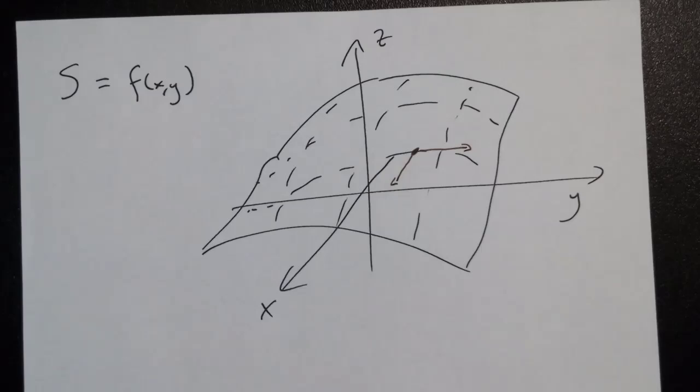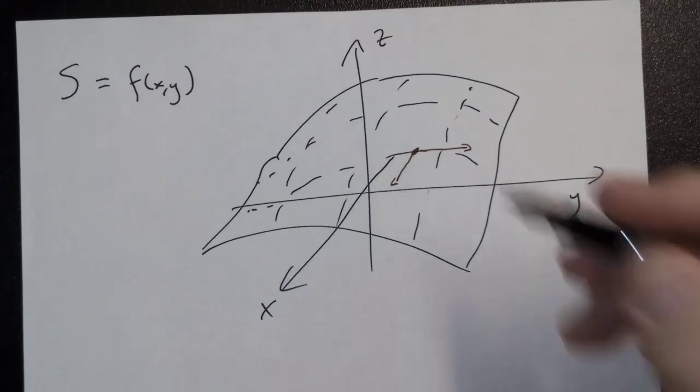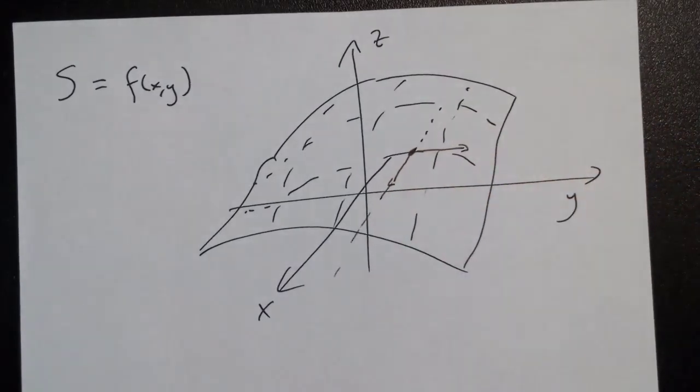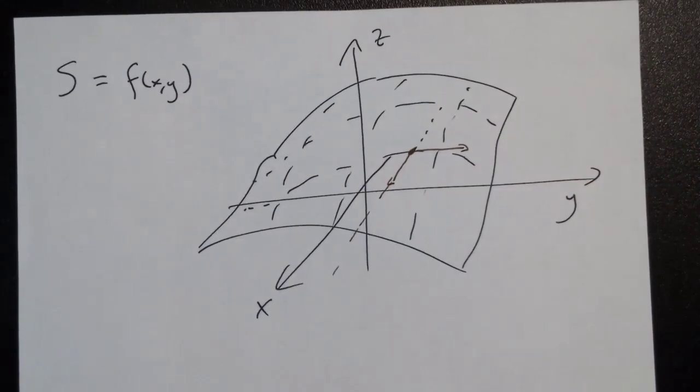But wait a minute. When we did slopes, we did vectors. So there's a tangent line there. The line tangent to the curve at the point. It's the easiest picture. I'm going to stick with it. So the line tangent to the surface in the X direction.